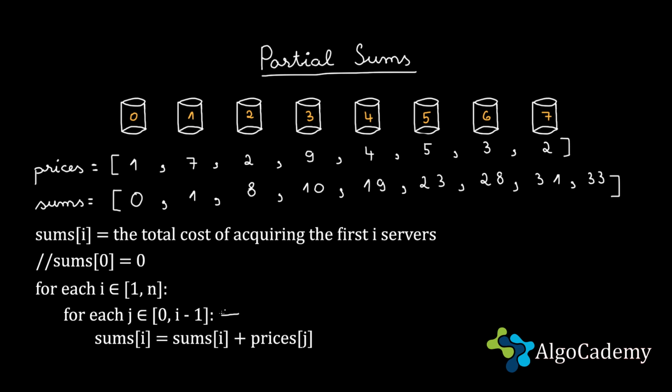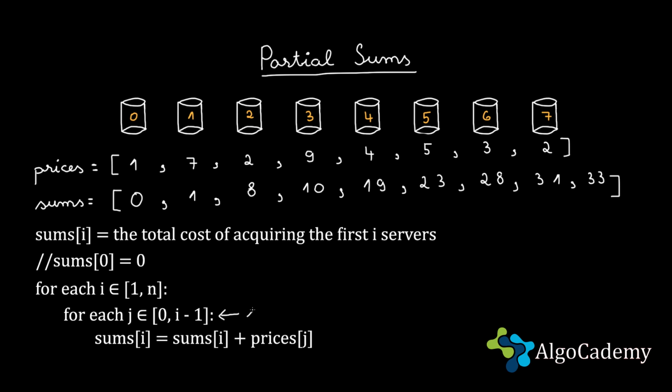This for loop has only one addition, which is of course a constant operation. And how many iterations does the for loop do? Well, it takes each value starting from 0 all the way to i-1, assigns it to j, and then gets inside. So j equals 0, j equals 1, dot, dot, dot, j equals i-1.